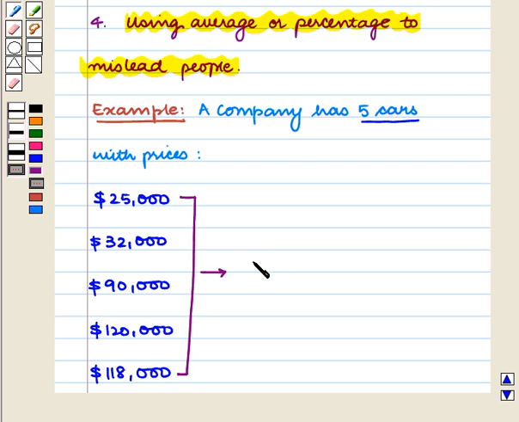The manager claims that the average price of cars is $77,000.